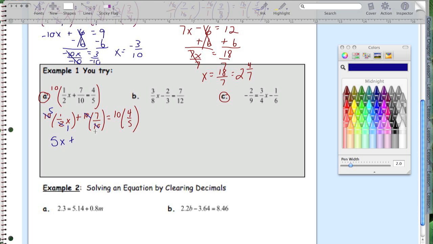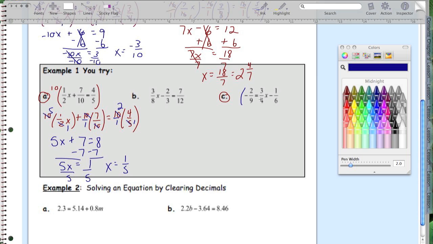Over here, my 10's cancel, and I just have 7 that comes down. And over here, 10 over 1 times 4 over 5, that cancels. I get 2. 2 times 4 is 8. So I have no more fractions, and I subtract 7. Go ahead to solve. 5x equals 1. Divide by 5. X is equal to 1/5.